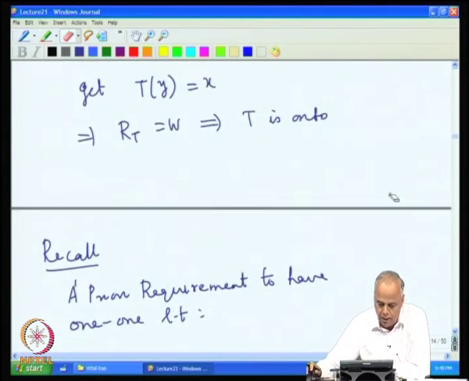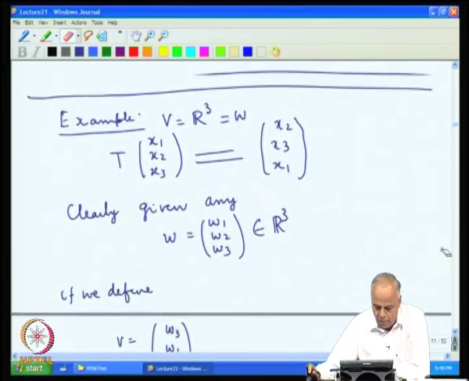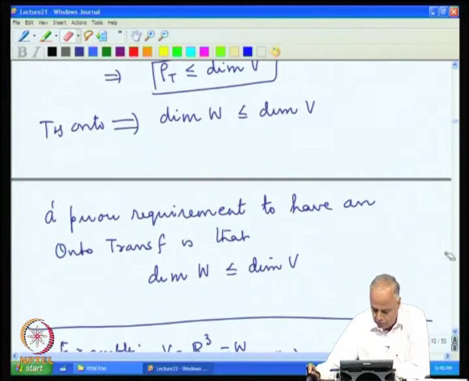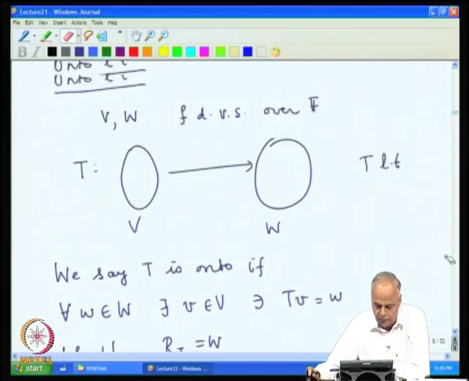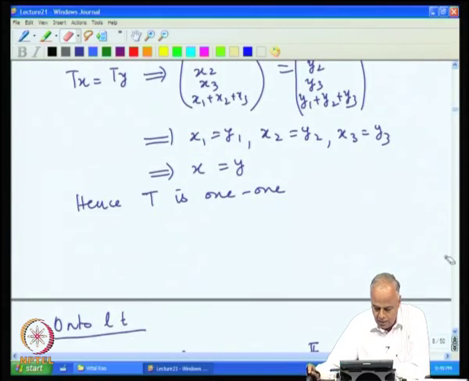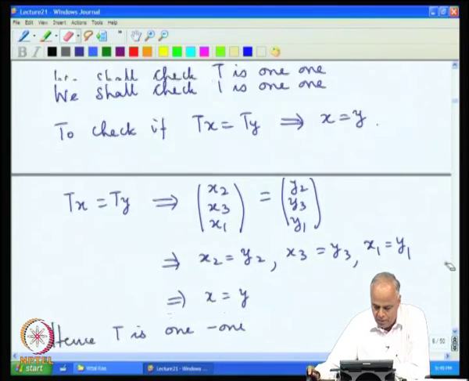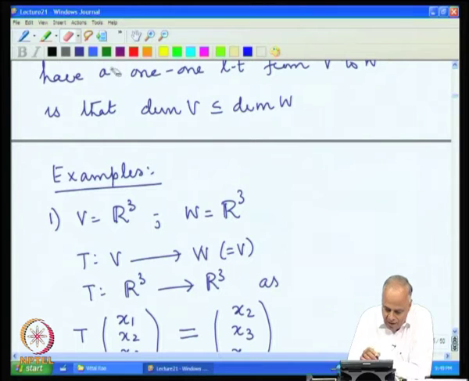Let us go back and look at what exactly we had. Remember, we had shown that an a priori requirement for a 1-1 transformation is that dimension of V is less than or equal to dimension of W. This is what we had.